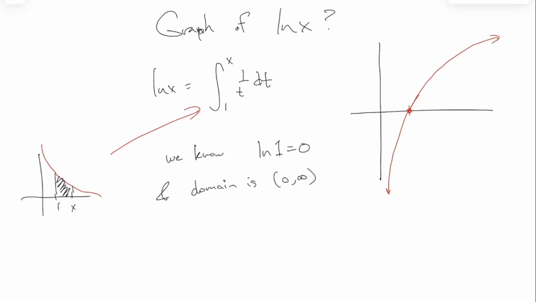What about these values over here? I had mentioned before, for instance, well, everybody knows the log of 1 is 0. What about the log of 2? Now that represents the area from 1 to 2 over here. You can estimate that area by Simpson's rule or something, and it ends up being something like 0.6.